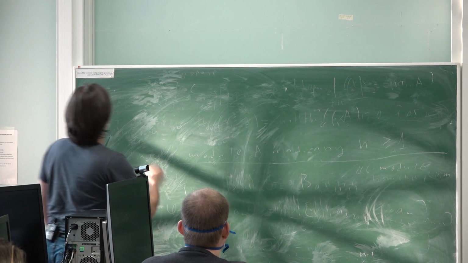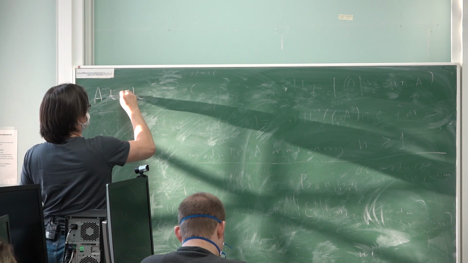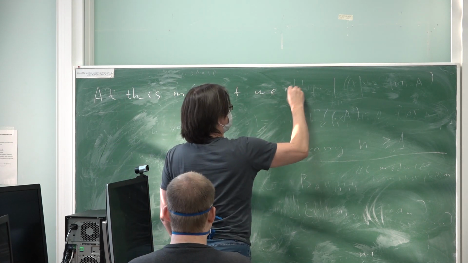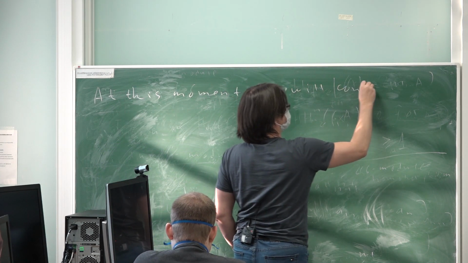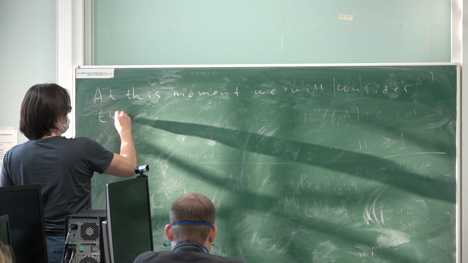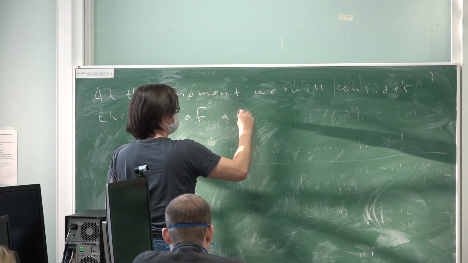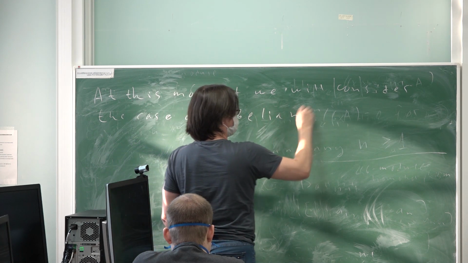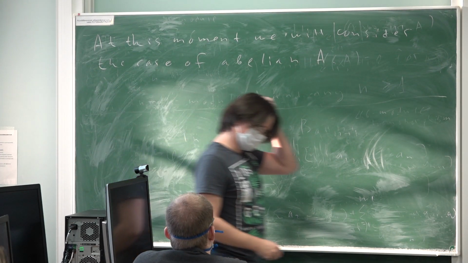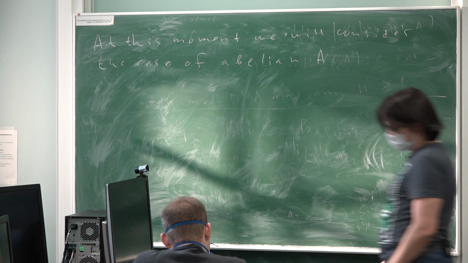At first, we will consider the case of abelian A. Later we will see what happens in the case where A is an arbitrary group.